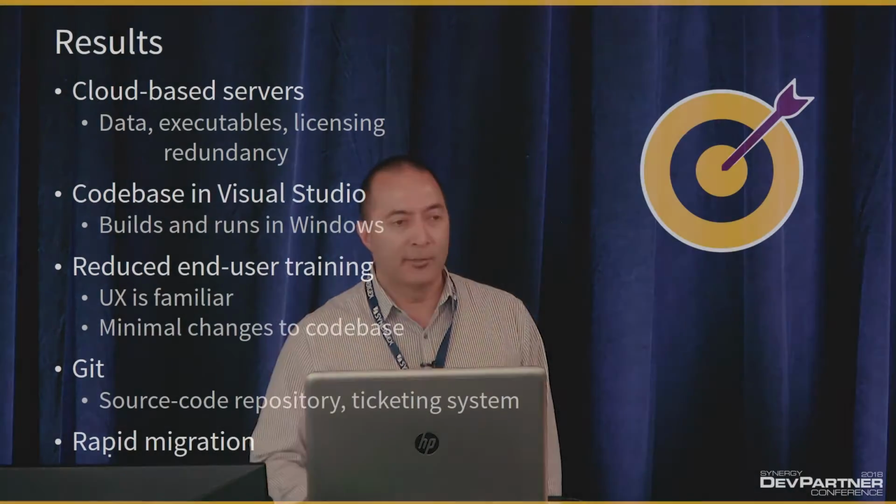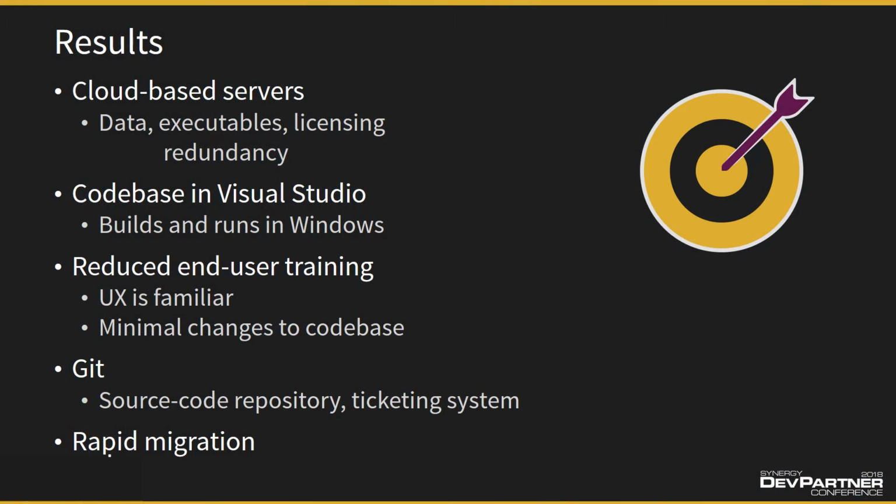So it's a great load balancing and future-proofing concept that, if you put it in early, is less of a headache going forward. The other result is that we have their application code base building and running in Visual Studio, and controlled in Git.